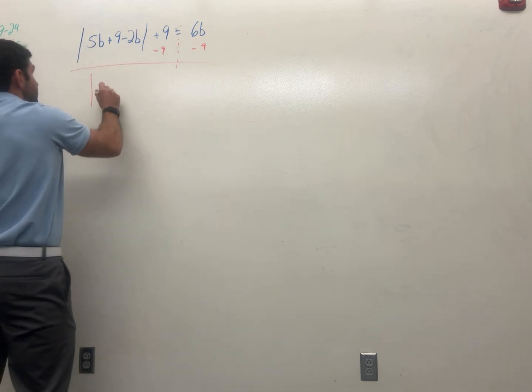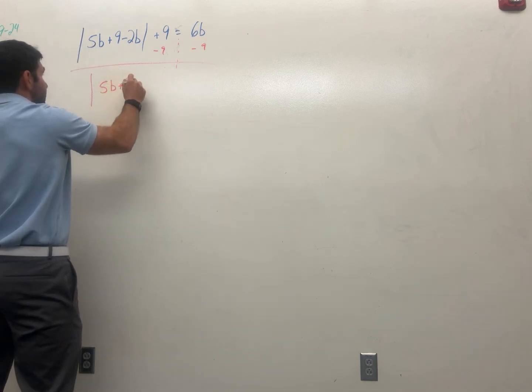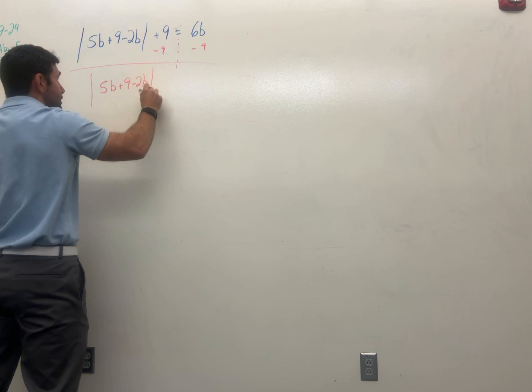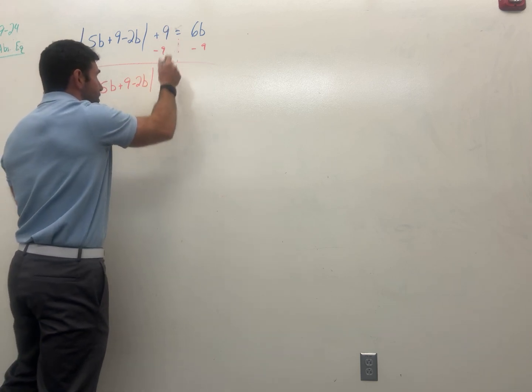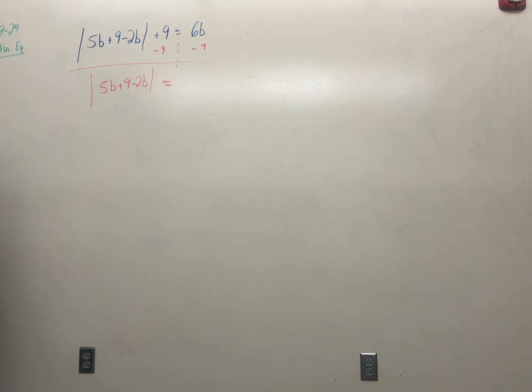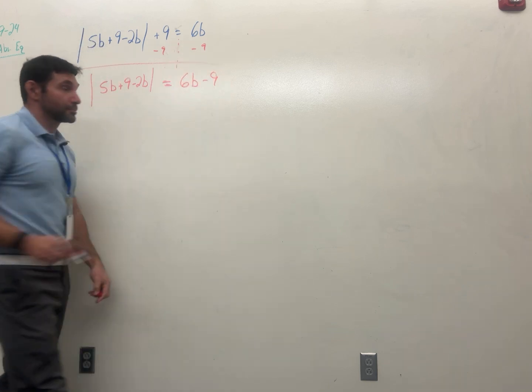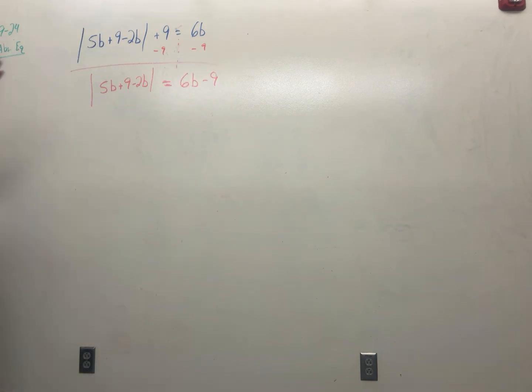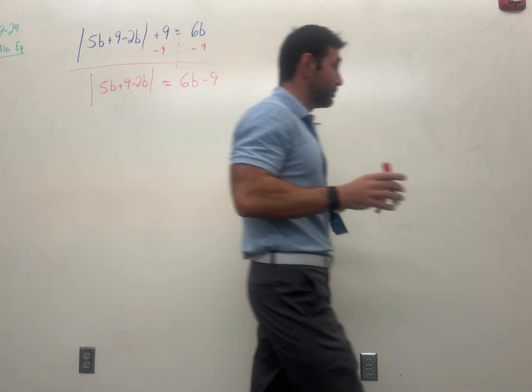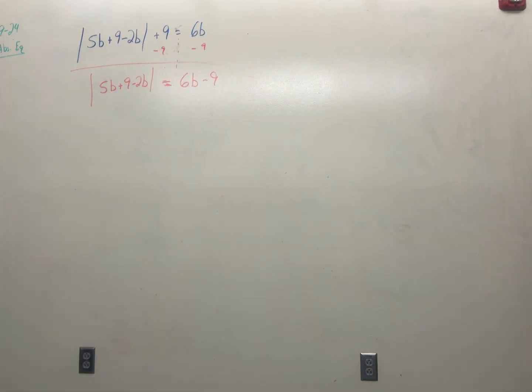But Mr. H, 5b plus 9 minus 2b equals how? How do I combine a 6b and my minus 9? You don't. You don't combine them. You just write it like that. Now my absolute value is isolated.